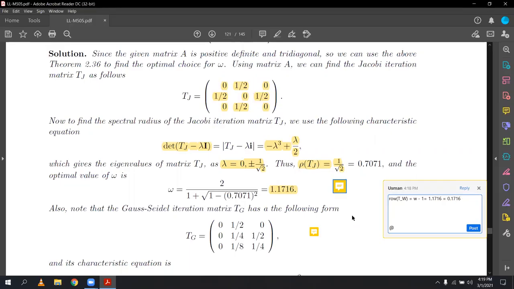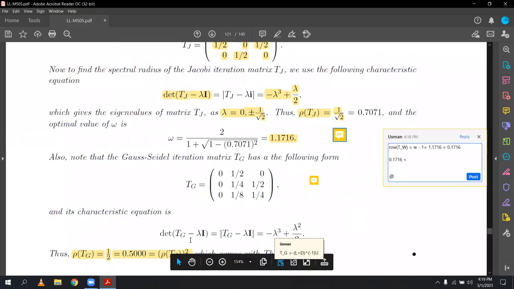That's the job. And now, my second part of the question was, show that the SOR method converges faster than Jacobi. Yes, it does, because what is the spectral radius of the SOR method iteration matrix? It is 0.1716, and we know this is less than what? Gauss-Seidel.